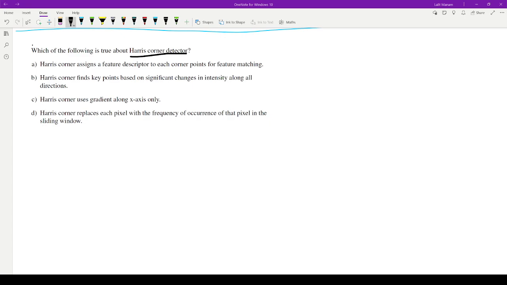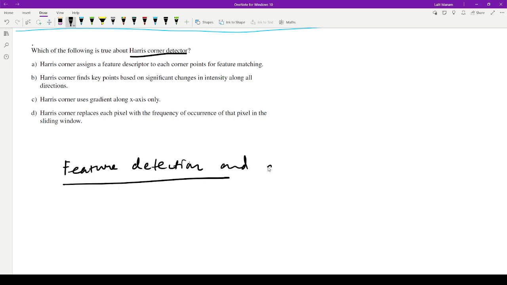And description of the edge and corner. Okay, feature detection and description. That's what our focus was. How many types of feature detection and description did we look into?